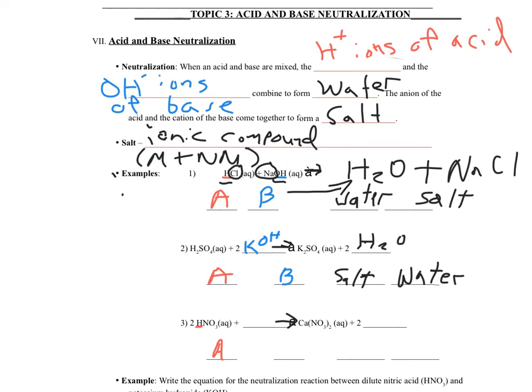I know that I'm also going to wind up having a base here, and I should definitely be making water somewhere. So that's what this is going to be right here. That would make this remaining thing the salt.